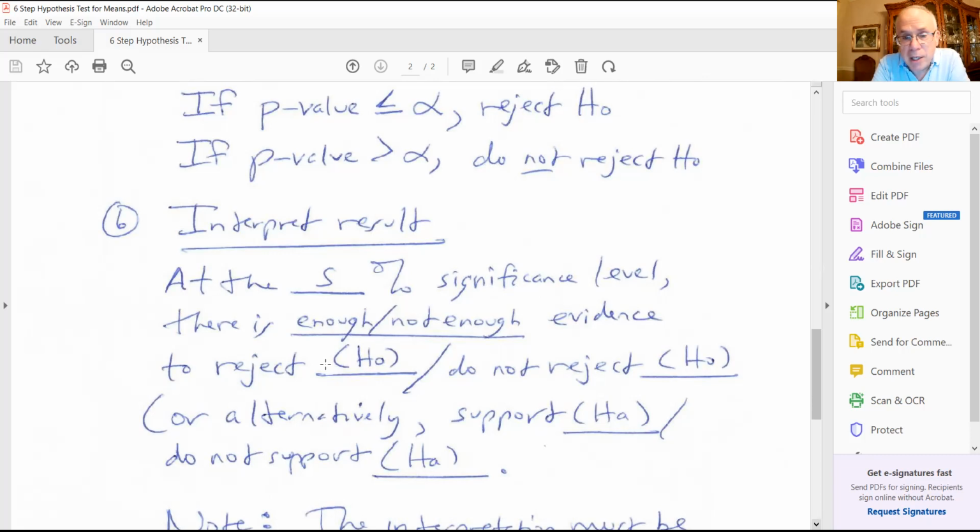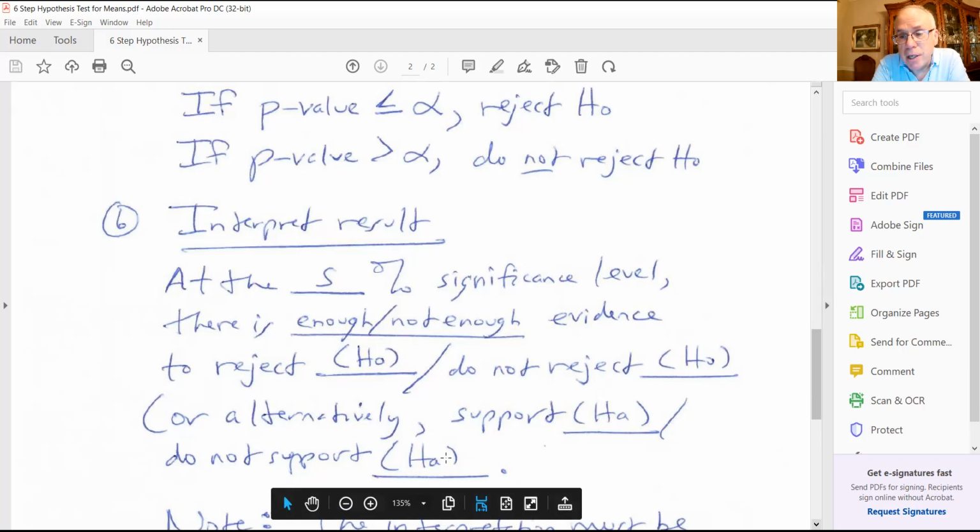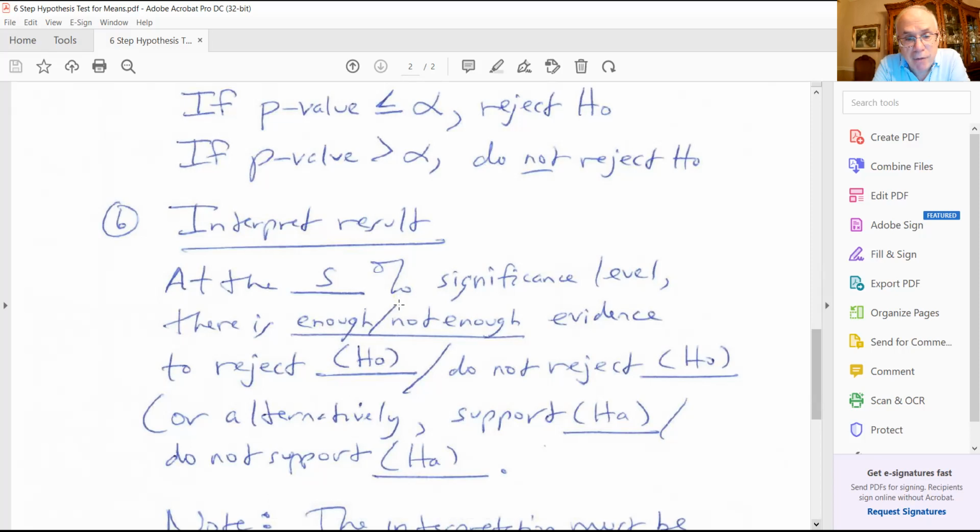Or another way of saying it is, if we're rejecting the null hypothesis, we would say at the 5% significance level, there's enough evidence to support the alternative hypothesis. If we're not going to reject the null hypothesis, we would say at the 5% significance level, there is not enough evidence.